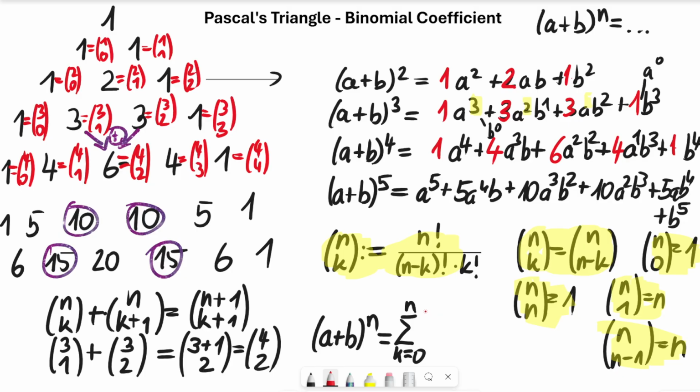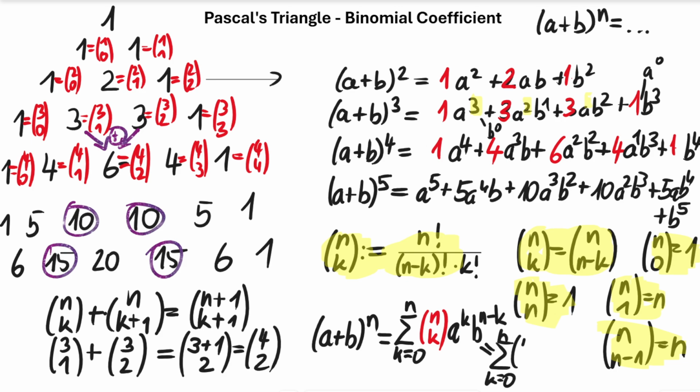So the red coefficients are n choose k times a to the power of k and b to the power of n minus k. Or actually how we used it, it is the same: n choose k, a to the power n minus k, and b to the power of k.